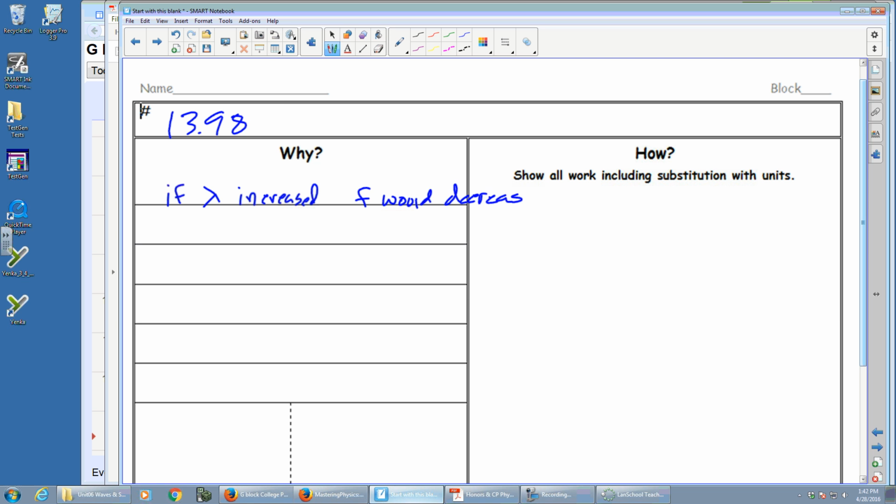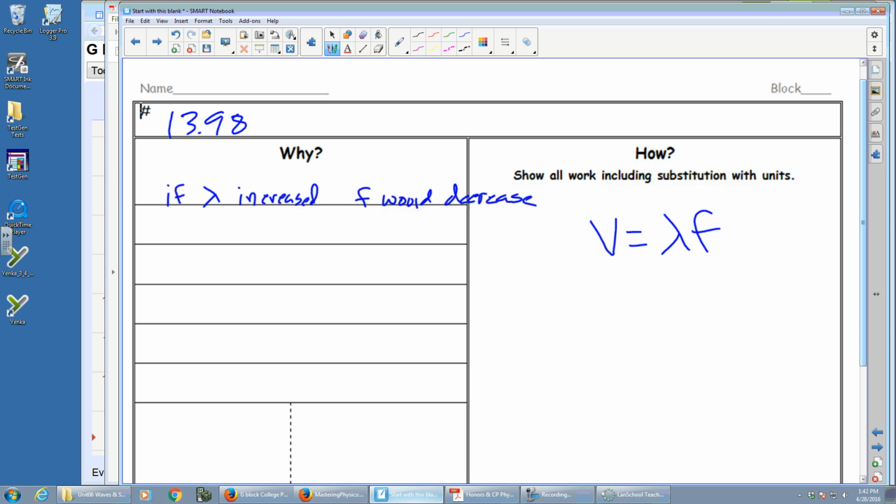Because remember that the equation v equals lambda f does not say that the speed is based on the wavelength and the frequency. You have to think about it as the wavelength and the frequency are based on the speed. That's one of those critical understandings that's beyond just using the equation. So, what determines the speed of this wave? The medium.